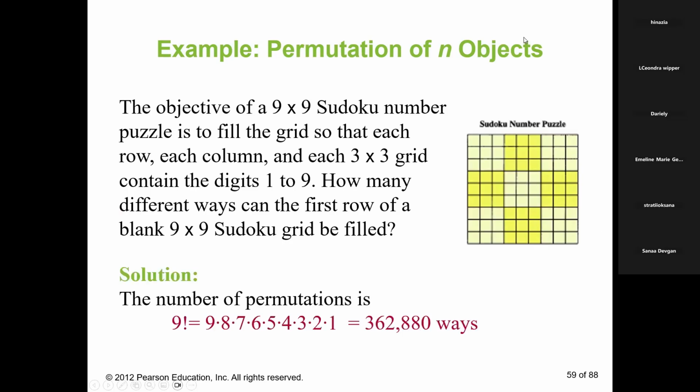So the number of permutations is 9 factorial, which gives you 362,880 different ways the first row of the blank 9 times 9 grid could be filled. Okay.